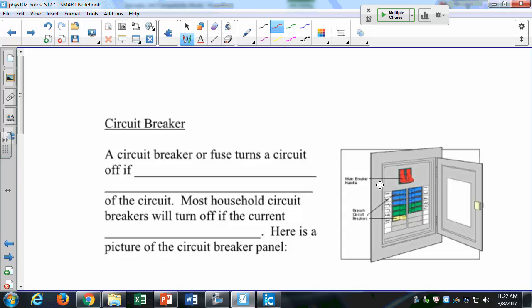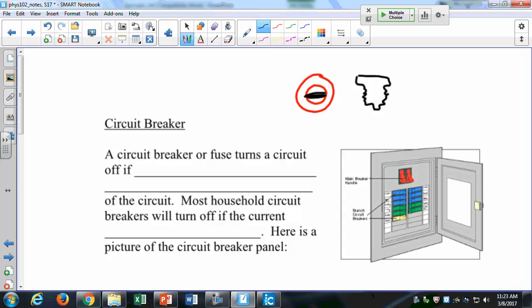So a circuit breaker or a fuse looks like this. Some of you might have fuses. You don't need to write this down, but it has like a little glass window with a metal tab inside of it. If you look at it from the side, it sort of looks like a light bulb, but without the bulb. Y'all seen fuses before? You screw them in, you have a fuse box instead of a circuit breaker. So we have fuses and circuit breakers.